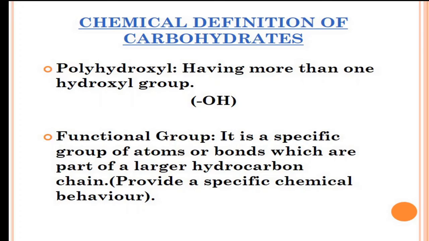Functional groups are the specific groups of atoms or the bonds which are a part of a hydrocarbon chain and they are responsible for giving a specific chemical behavior to that molecule. So we need to remember two important things about the carbohydrates. One is the polyhydroxyl groups, the second one is the functional groups.